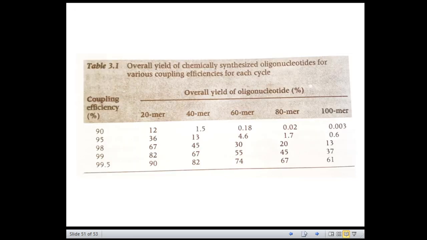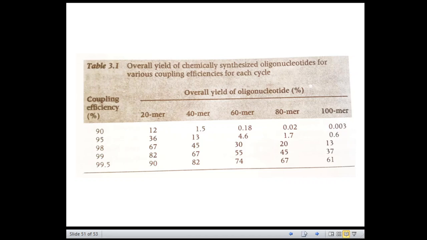This table gives you an idea about the yield of chemically synthesized oligonucleotides with various coupling efficiencies at each cycle. In the first column you see the coupling efficiency, given in percentage, and then the yield of oligonucleotides, also in percentage, with varying length, from 20mer to 100mer.